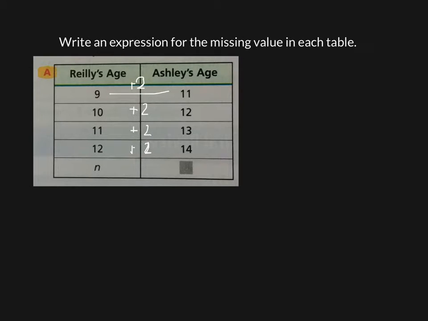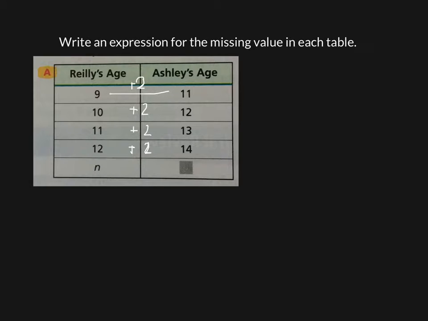Now, it is in your best interest to go through and make sure every single one of those cells follows the same pattern. Because you could get a plus 2, plus 2, plus 2, and a plus 3, and then you would have a different pattern. So we've got to make sure we don't just see two plus 2s and say, oh, well, the rest might follow that pattern.